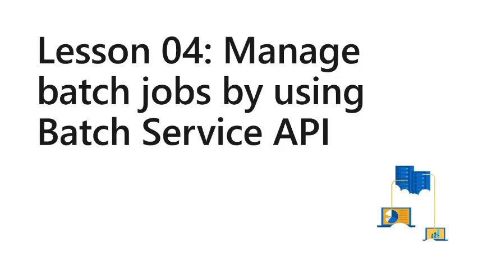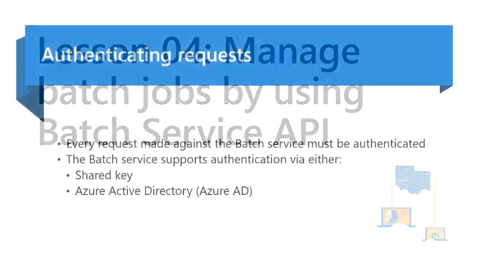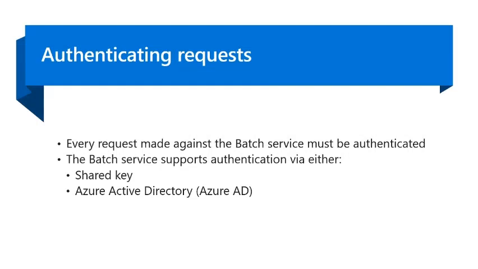Now lesson 4, which is manage batch jobs by using the batch service API. First of all, for that you need to authenticate using Azure Active Directory. Every request made against the batch service must be authenticated. The batch service supports authentication via either shared key or Azure Active Directory.